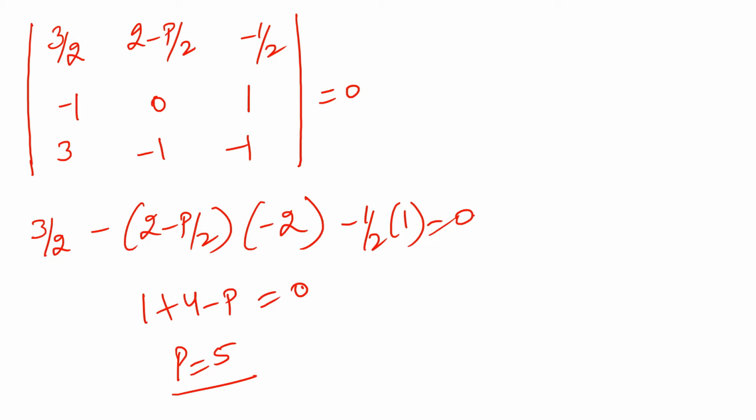Now students, similarly, if we consider another set of lines, we'll be getting the value of Q. Now to get the value of Q, let's take the first line and the third line, that is L1 and L3, because again these two lines will also be intersecting each other pairwise in the same plane.